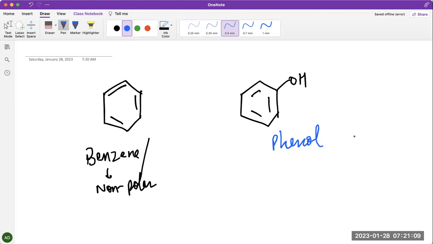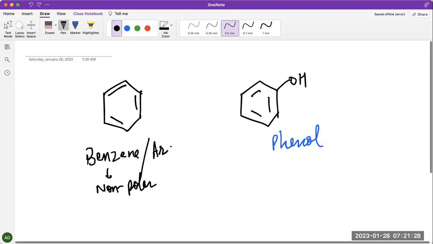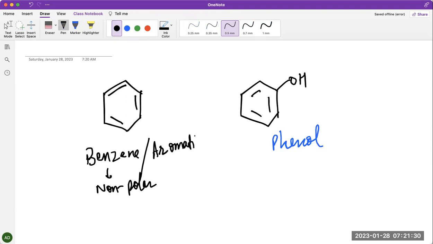What you're looking at is the hydroxy that has been added onto the benzene, and this molecule is now called phenol. The benzene is an aromatic ring, so remember that as well. This is an aromatic ring structure. And phenol is a version of benzene. You can think of it like that.